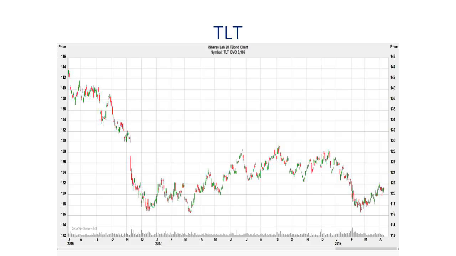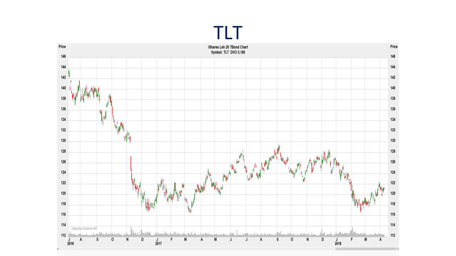So we have diversification between SPX and RUT, but let's take a look at TLT now. TLT is a completely different ballgame. TLT, as you can see, responded very differently than RUT and SPX did to the election, number one.